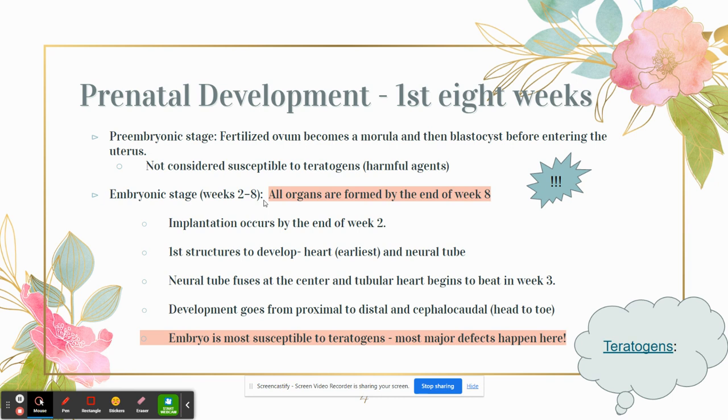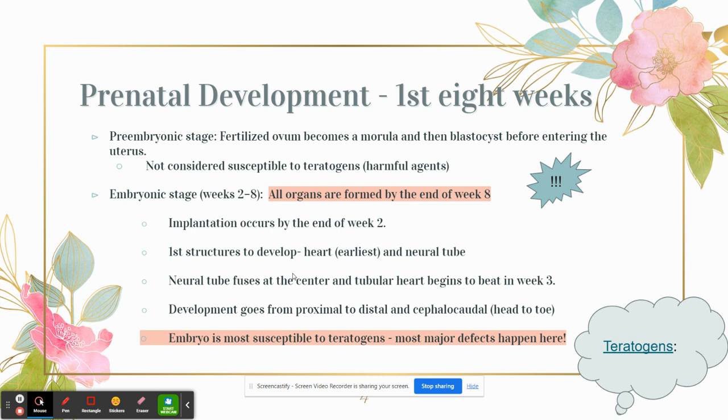Implantation occurs by the end of week 2, usually about day 15 post-conception, and the first rudimentary structures to develop, those front runners, the heart, so vital, and the neural tube. So we said that development goes, or did we say that? Proximal, distal? We're going to say it. Proximal from the center of the neural tube outwards, and cephalocaudal from head to toe.